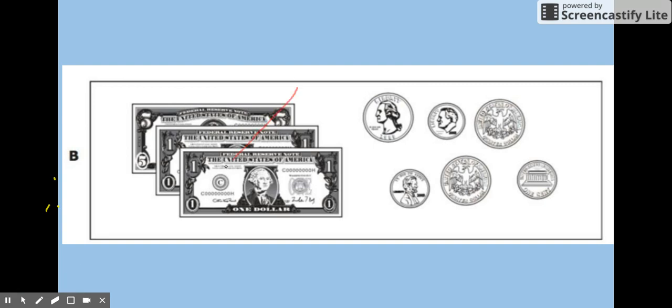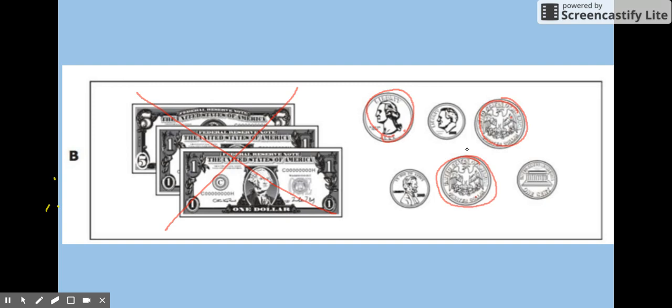Okay, so we determined we don't even need to look at the whole numbers because it's cents. So we need to only think about the decimals. Let's look at our quarters first. Here's George Washington with his lovely hair and the back of his coin. Oh, and don't forget this other one. I see 3 quarters.